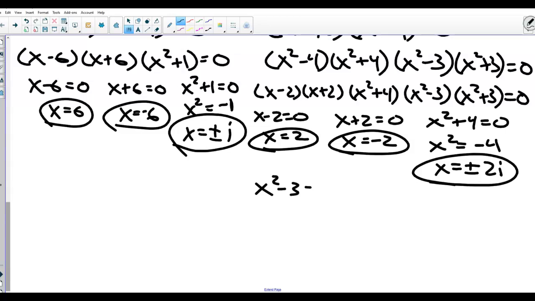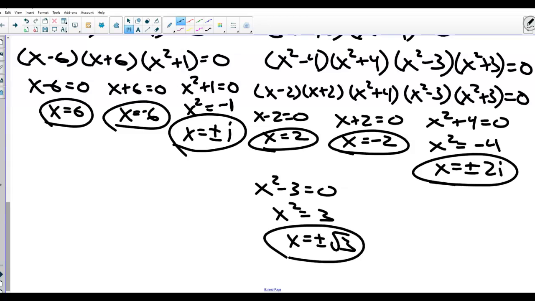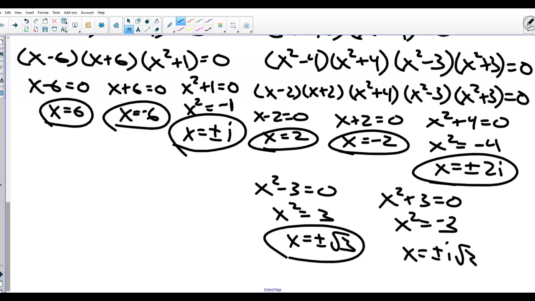X squared minus 3 equals 0. X squared equals 3. Therefore, x is plus or minus root 3. And finally, x squared plus 3 equals 0. X squared equals a negative 3. X equals plus or minus i root 3. And those are our answers. You should get 8 answers. All right.